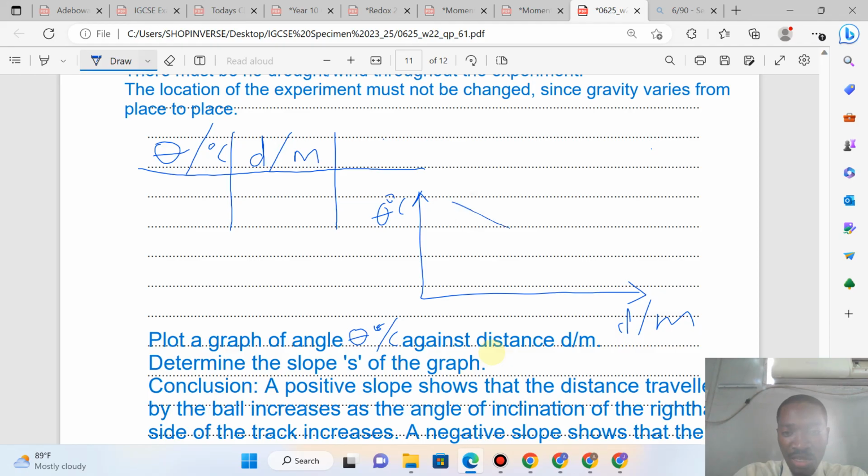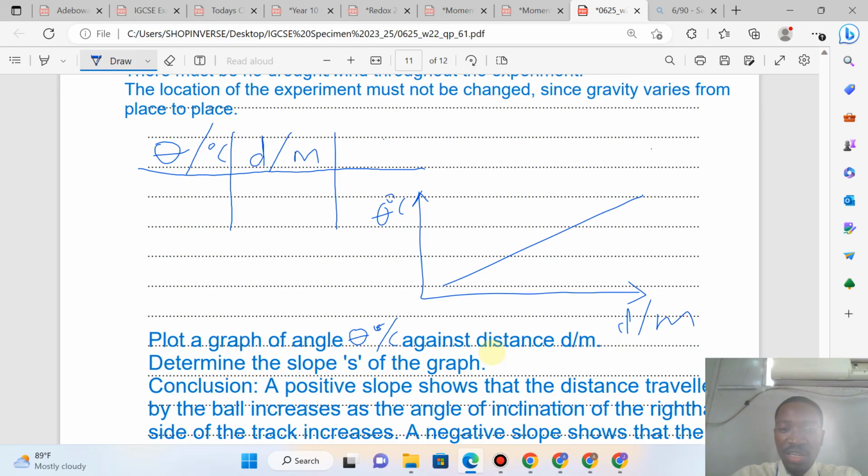If your slope looks like this, then distance is inversely proportional to angle. That means as angle increases, distance decreases. If your slope is just a horizontal line, that means the angle does not have any effect on the distance. So that is how you arrive at your conclusion.